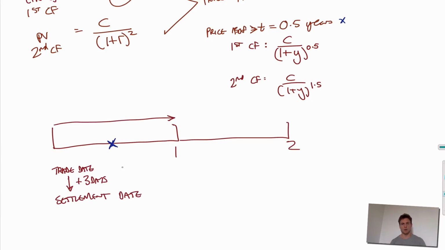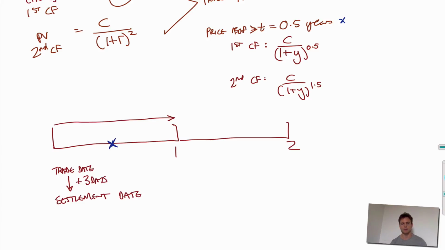On the settlement date, the money changes hands between the parties, and the registered ownership of the bond transfers from one party to the other. So that's the actual date towards which all of these prices and valuations and discounting happen.